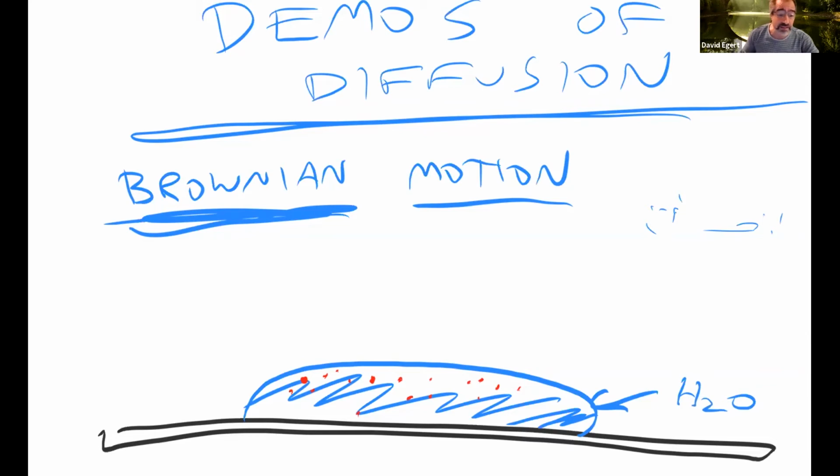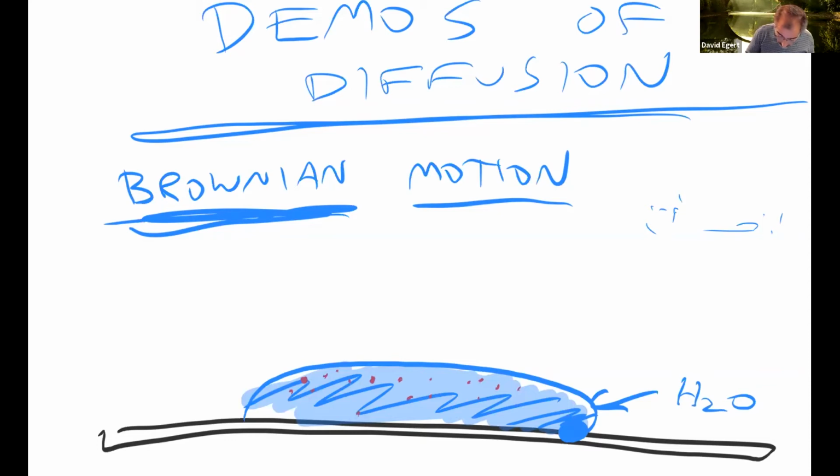And the basic idea is here, we have water, and the water is in constant motion. And these things are floating in the water.